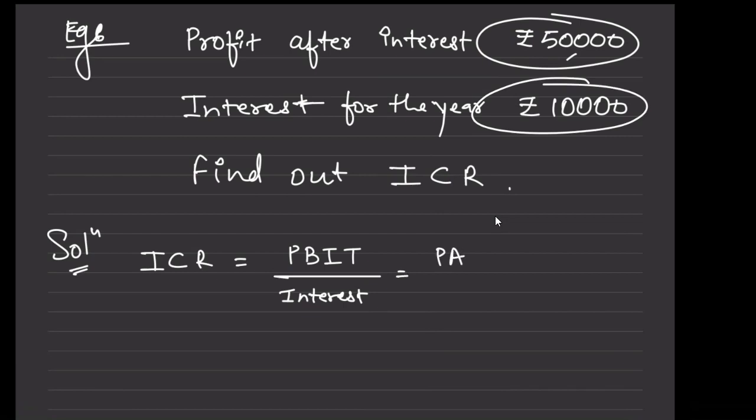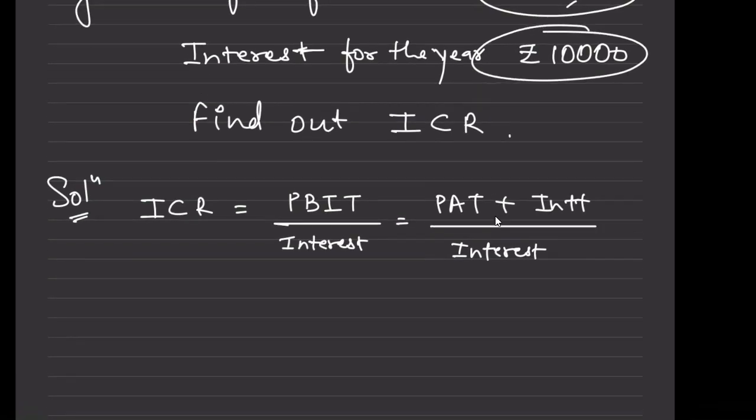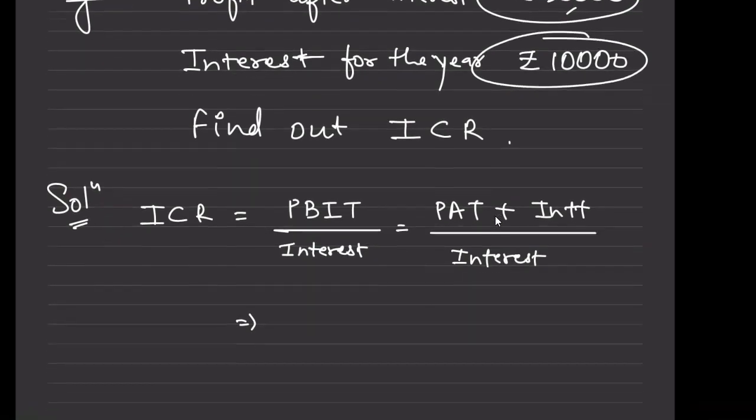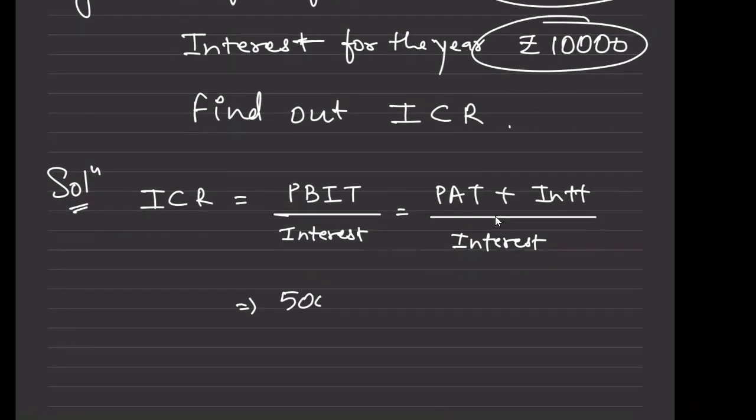So if I add the interest to the profit after interest, I will get the profit before interest and tax. I do not have any information on tax, so let us assume that tax is 0. But if tax was also given and you have been given profit after tax, then you can add back the tax also.